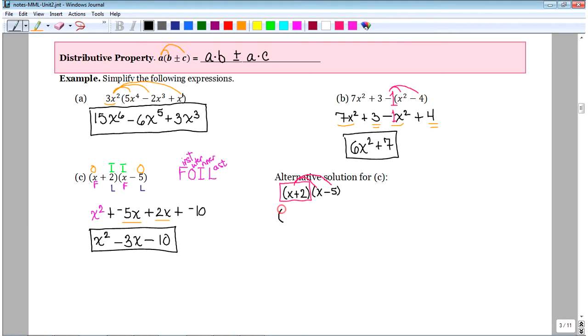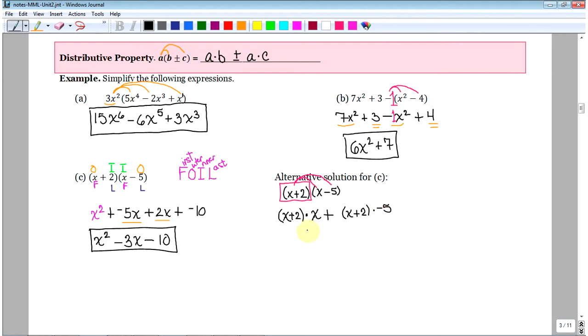So I know I'm going to have my x plus 2 using the distributive property times that x. With distributive property we're always adding, and then I have to have that quantity again, x plus 2, times the other part of my parentheses, which is negative 5.